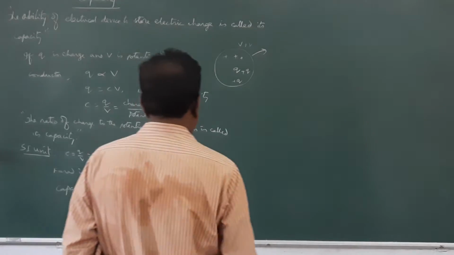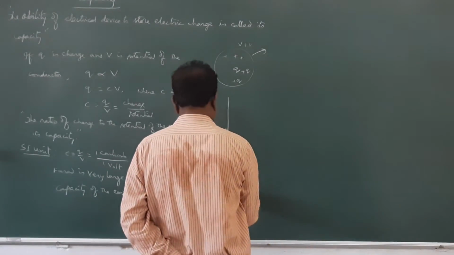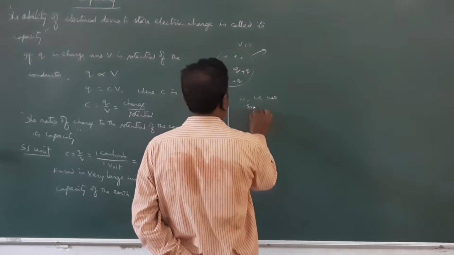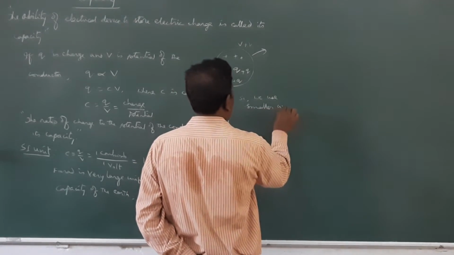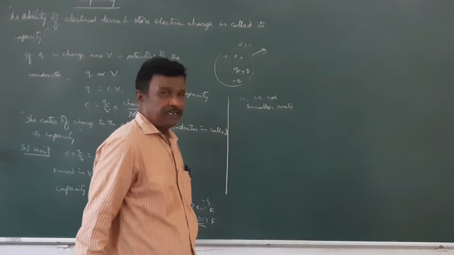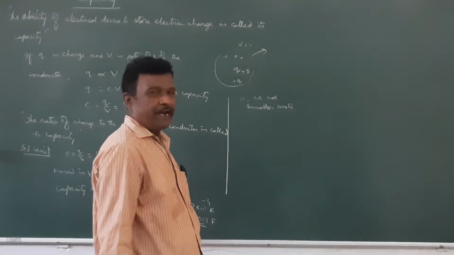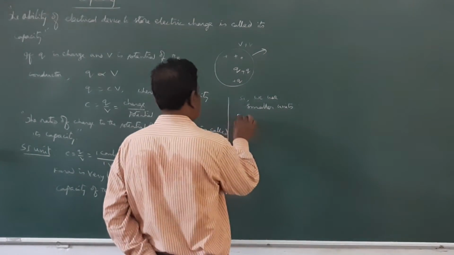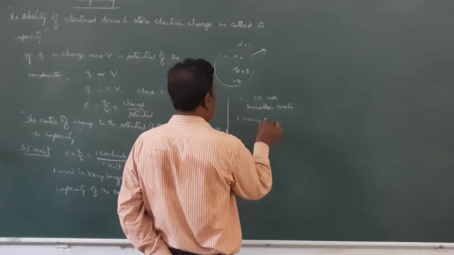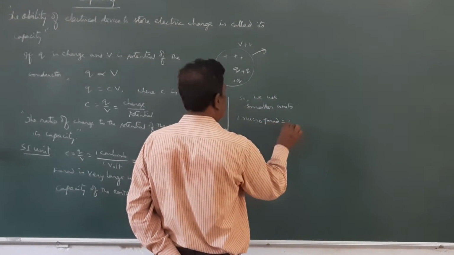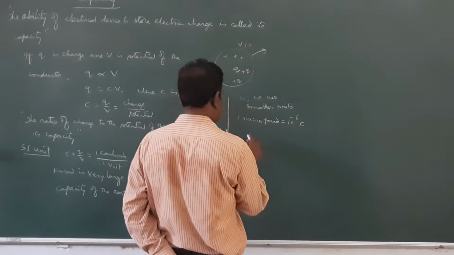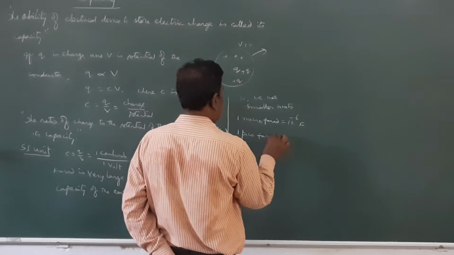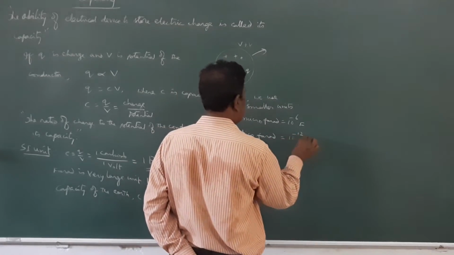That's why we use smaller units in capacity, microfarad and picofarad. Therefore, 1 microfarad is equal to 10 to the power of minus 6 farad. 1 picofarad is equal to 10 to the power of minus 12 farad.